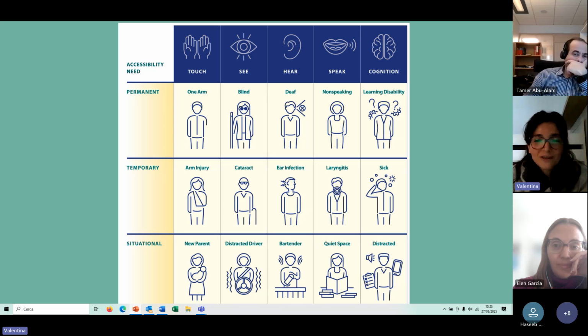So here you have different kinds of disability or needs that we should take into account when we are creating content, if we really want to ensure that this content will be accessed by a wide range of people with different kinds of disability.